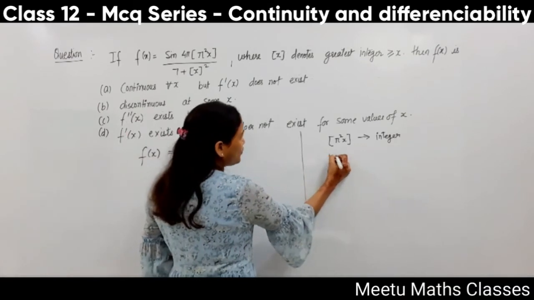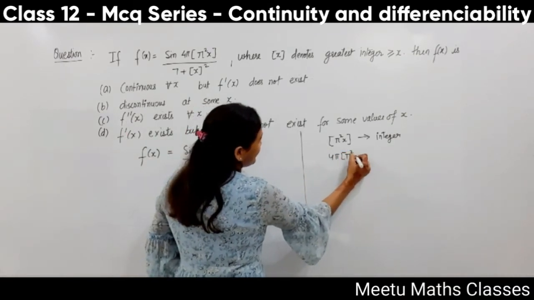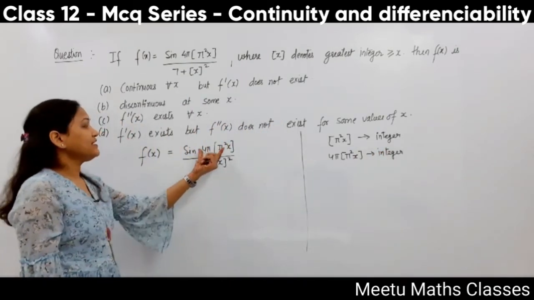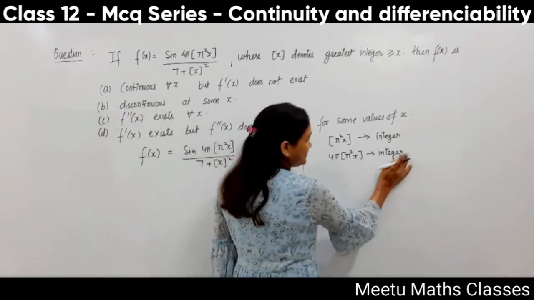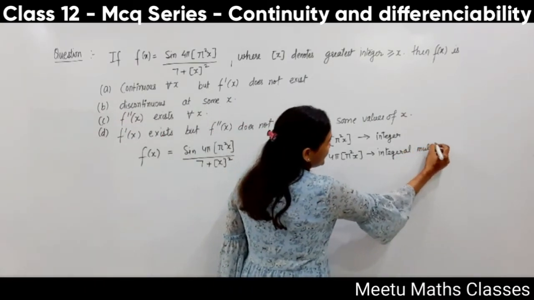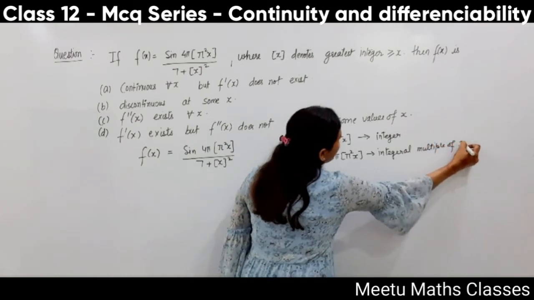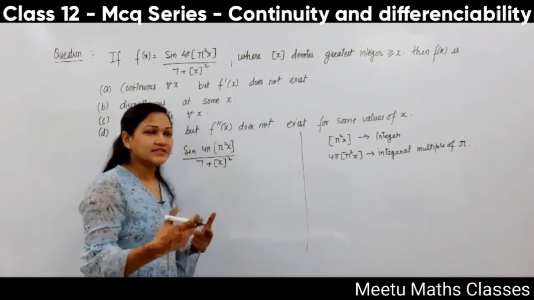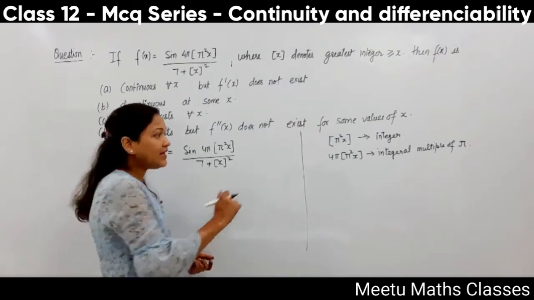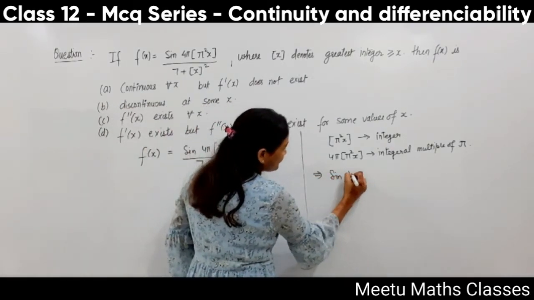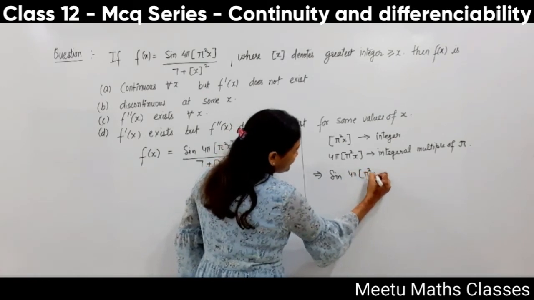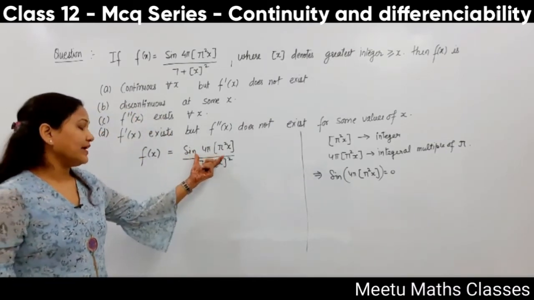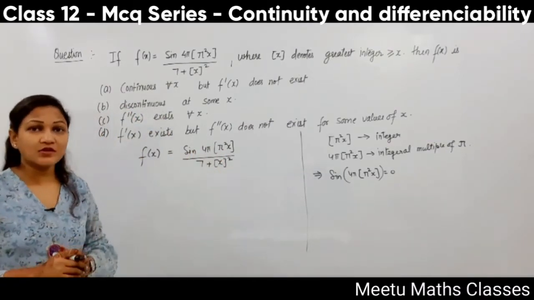That means 4 pi this is an integer multiple of pi, और इंटीग्रल मल्टीपल ऑफ पाई पर आपका साइन फंक्शन 0 होता है. साइन कब 0 होता है, इंटीग्रल मल्टीपल 0, पाई, 2 पाई, माइनस 2 पाई. So you will get sine of this function is equals to 0.